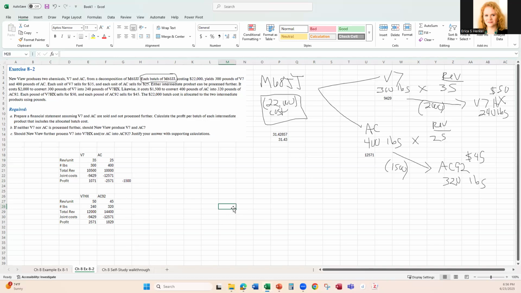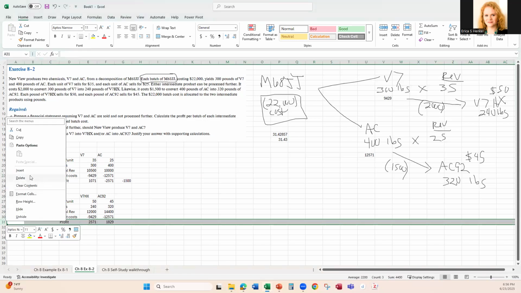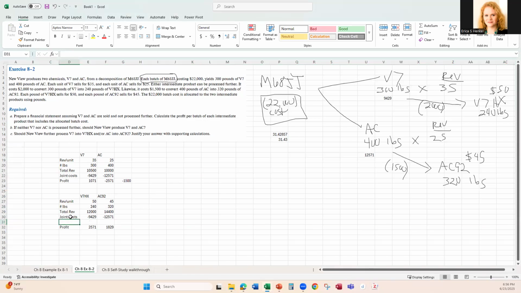Oh, I forgot my further processing costs. So that's our total revenue. I've got my joint costs and further costs. We've got further processing costs of 2,000 and 1,500.